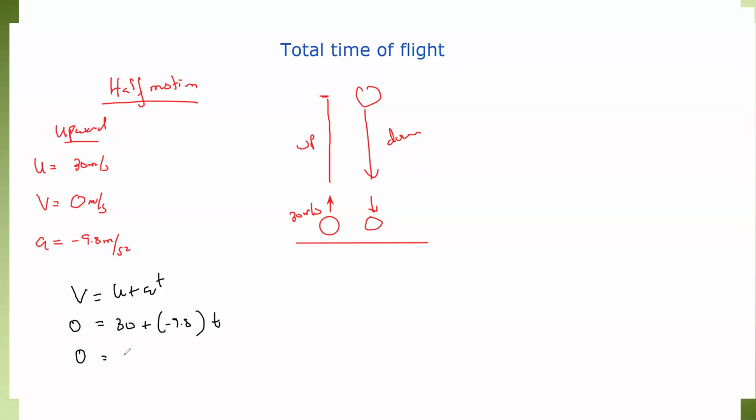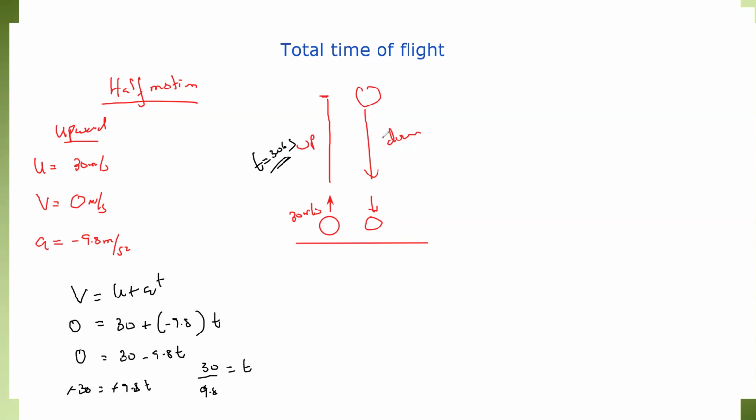So it will be 0 equals 30 minus 9.8t. 30 will move to the other side, so minus 30 equals minus 9.8t. Negative will cancel with negative, so 30 divided by 9.8. What's the answer for this, the time to reach the maximum height? 3.06. So the time it takes to reach the maximum height is 3.06 seconds.